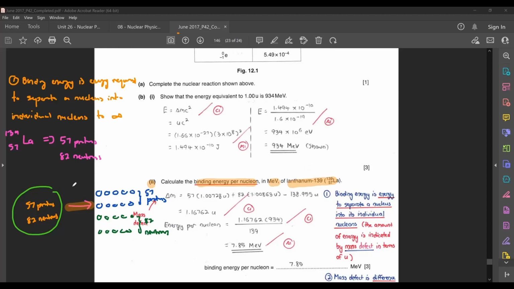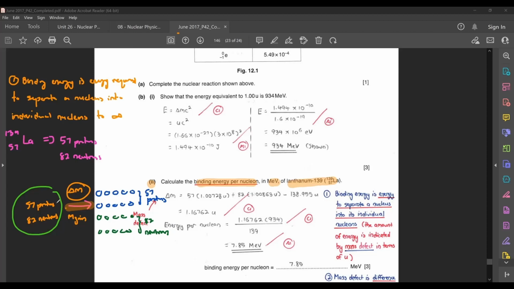You need to supply energy to break the nucleus apart into the individual nucleons. And then once you supply the energy, that energy gets converted into masses, which in turn causes some sort of mass increase. There's actually a mass defect here. So that time I mentioned that you go from here to here, you have mass gain, right? You have a mass defect here, a difference in mass between your nucleus and your nucleons.